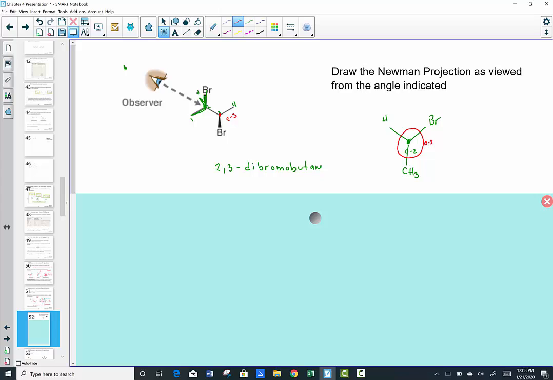And so I use a large circle to let you know it's behind carbon 2. What do we see? From carbon 3 coming up, I see a hydrogen, so I'm going to put an H right up front. Coming down and to the right, you see a bromine, so I'm going to put a bromine here. And then coming as a dash would be that hydrogen in the other direction.